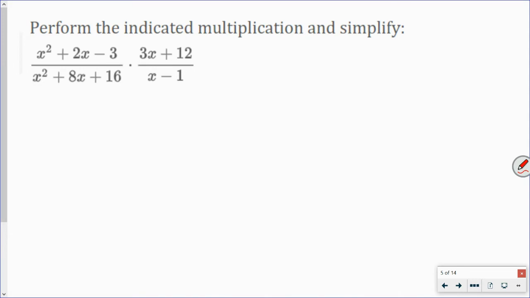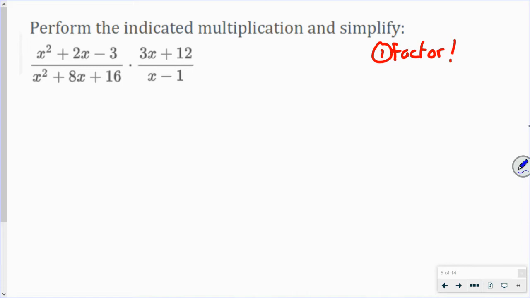With multiplying and dividing, it's pretty similar, and again, we're dealing with just fractions. In order to multiply fractions, you multiply straight across. However, the first thing I want to do is factor everything. You can write above and below it what the factors are.